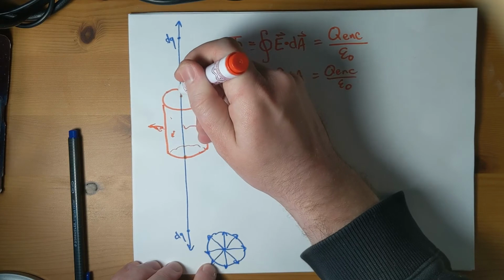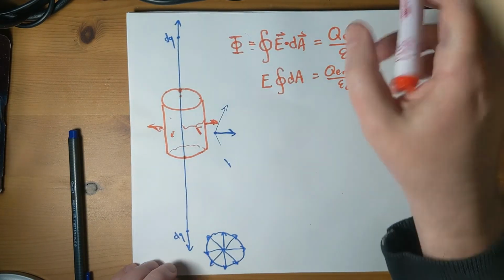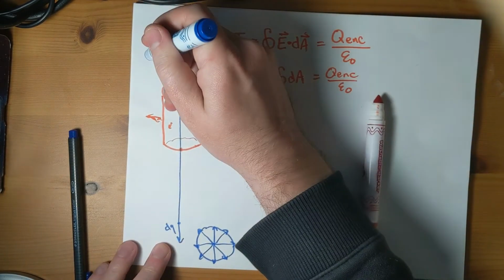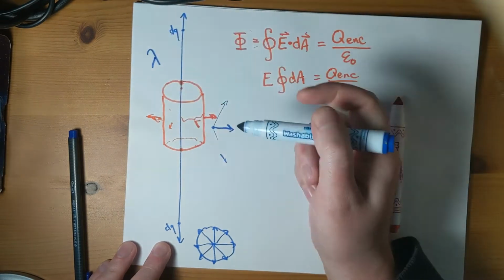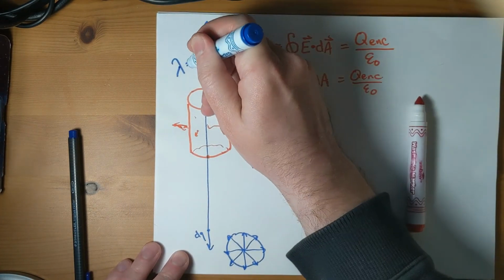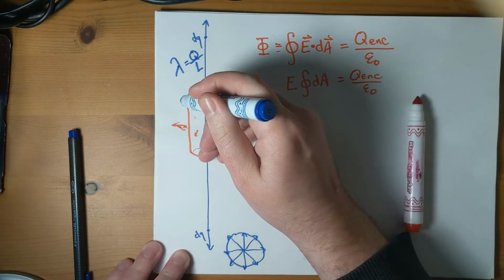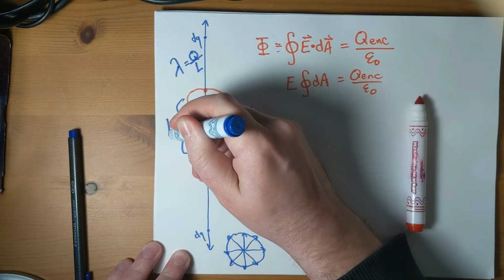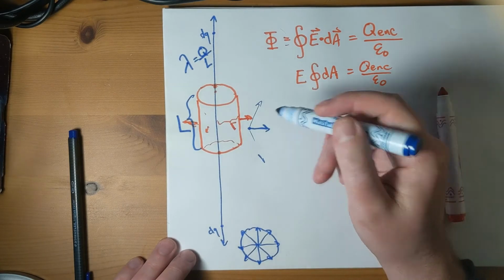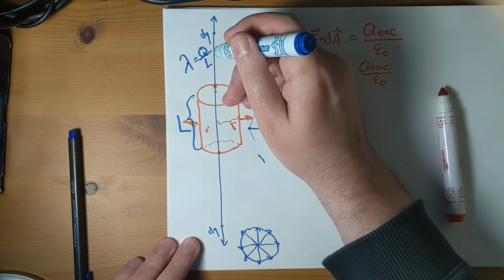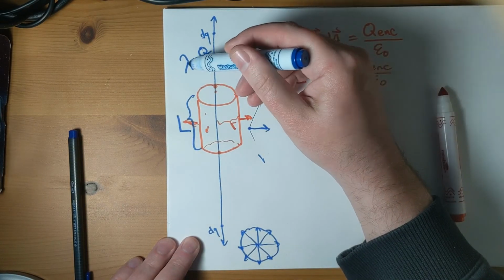Well, suppose this is an infinitely long charge distribution, but I know it has a charge density. My charge density, lambda, is going to be the charge per unit length, q over some length. And what is that length? It's the length of my Gaussian soup can. So how much charge is enclosed? Well, I have charge per length is lambda.